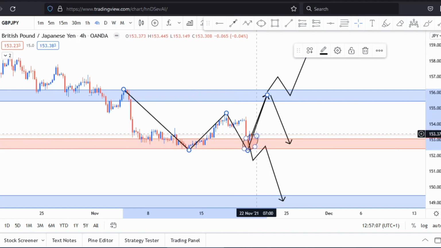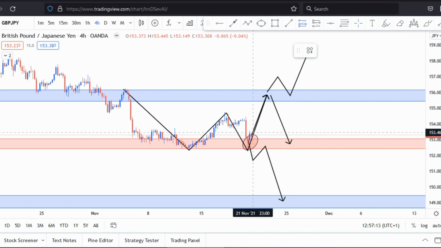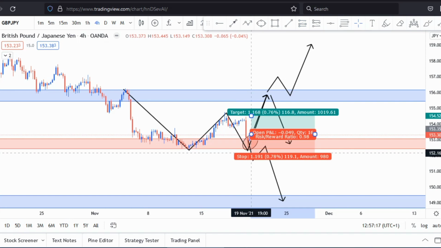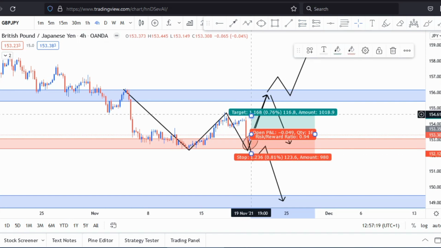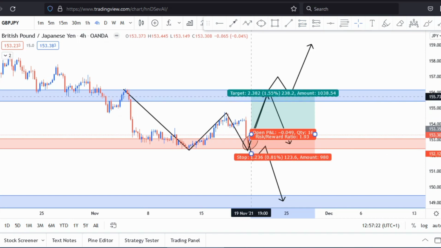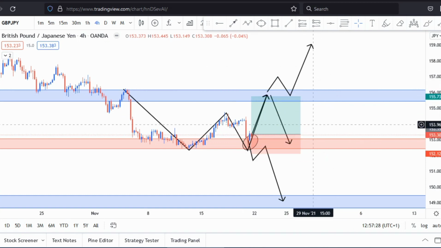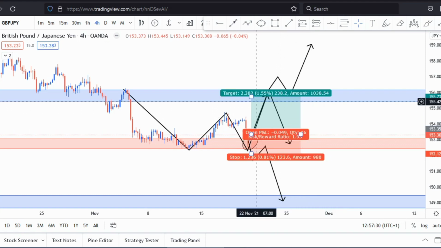So if you're confident enough to take this trade, then I would suggest that you can take your buy trade over there, and put your stop loss just below this candlestick pattern here, which is about 120 pips, and your take profit will be around 220 or 230 pips, which is almost a 1:2 risk to reward ratio, which is quite good as well.